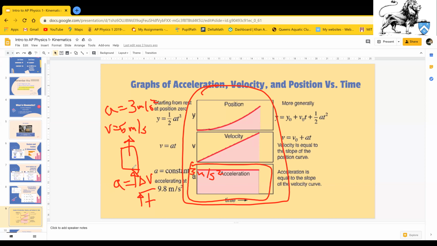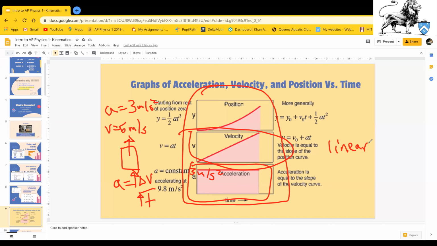Because that's what acceleration does. It changes your velocity. And because your acceleration is positive, it means it's increasing your velocity. It's actually not decreasing your velocity. And that's why on the velocity versus time graph, your velocity versus time graph is actually a straight line with a positive slope. And that is a linear relationship.